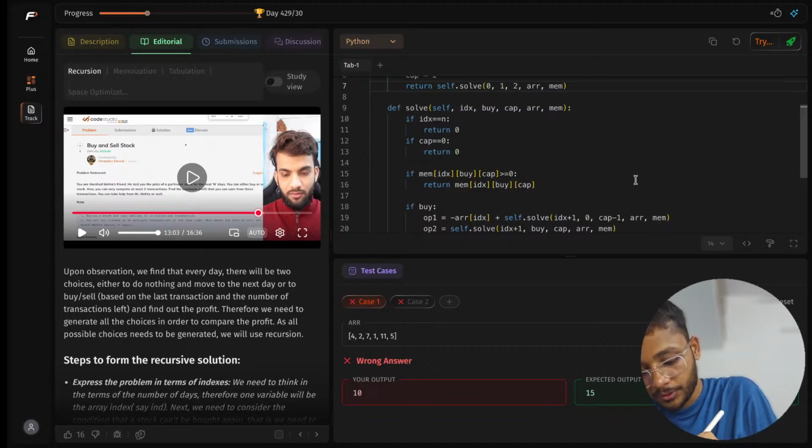When you buy first buy, then it becomes 0, I mean 1, and capacity. Okay, forget about index. It will be 0 and 1. After sell, it will become 1, 1. After buy, it will become 0.